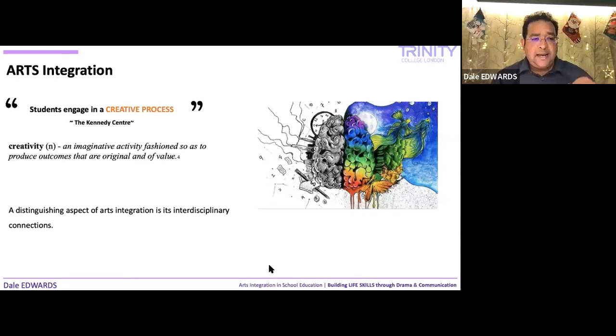Now, this is where it becomes incumbent upon us as teachers to allow for this little messiness where students can explore. Because if we want a neat process, then really what we're going to be doing is making the choices for students. And that in itself is not really very creative.